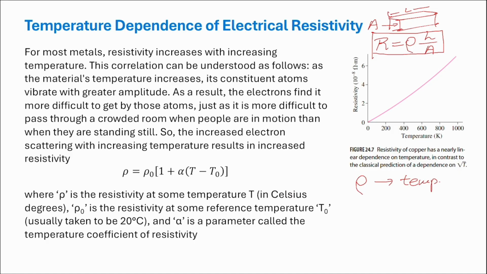Now imagine we perform this experiment. Here is the table. This is the temperature and this is resistivity. At temperature T naught, it can be any temperature, you measure the resistance and then you use L and A and calculate its resistivity.